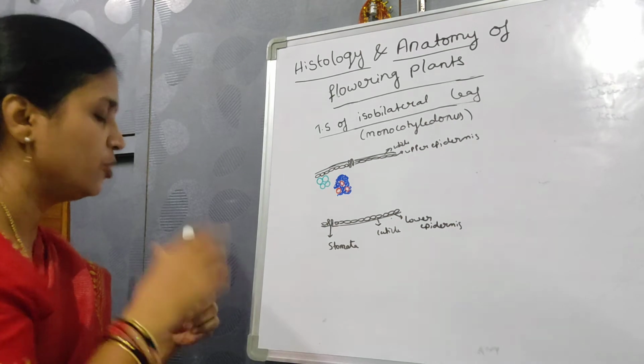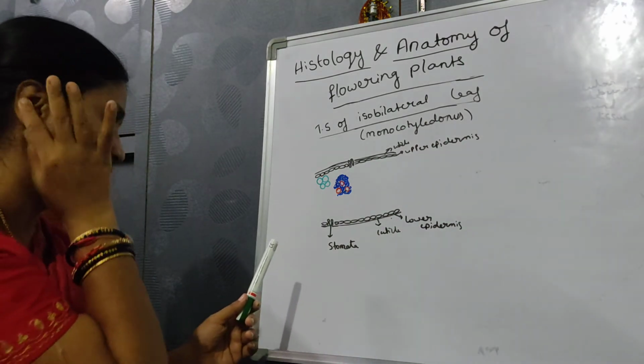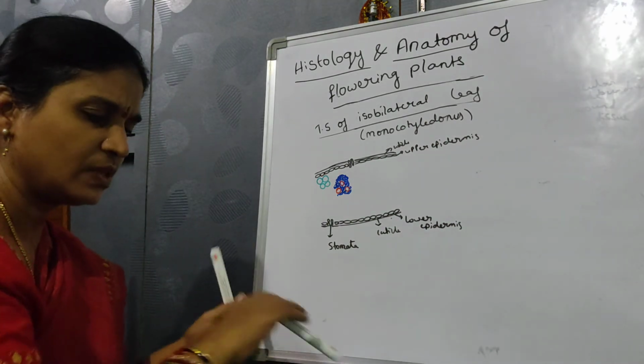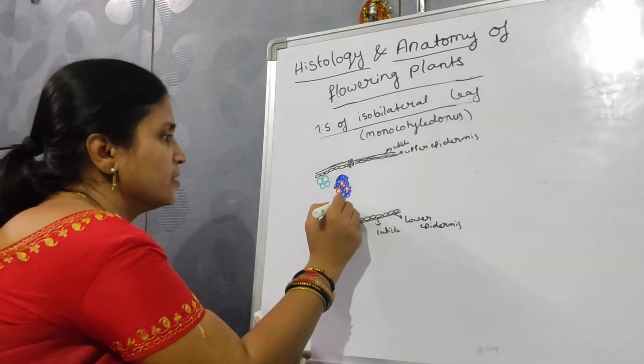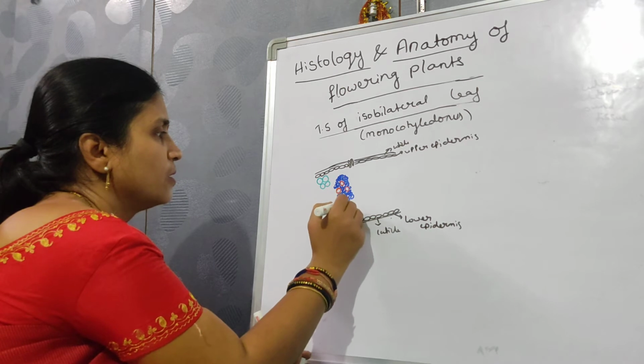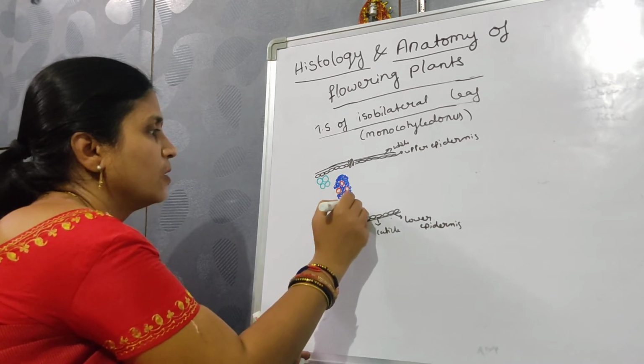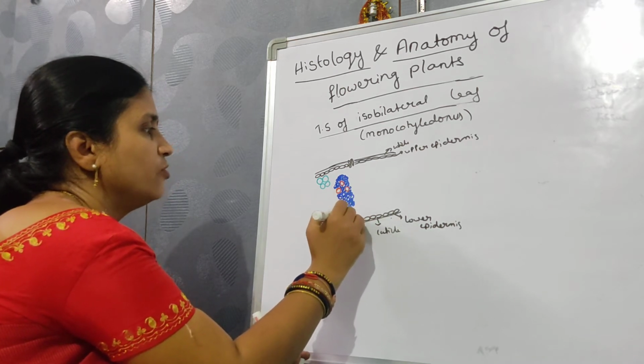Okay, there are no bundle sheath cells. Xylem and phloem. Then these are the veins, no? Like this they will be present. Xylem and phloem are just distributed in order.